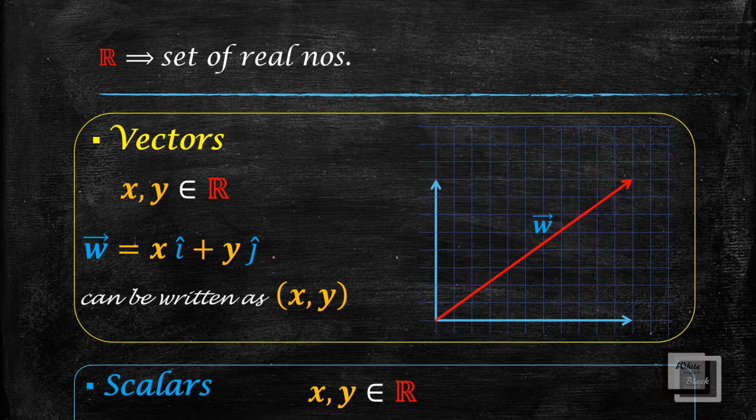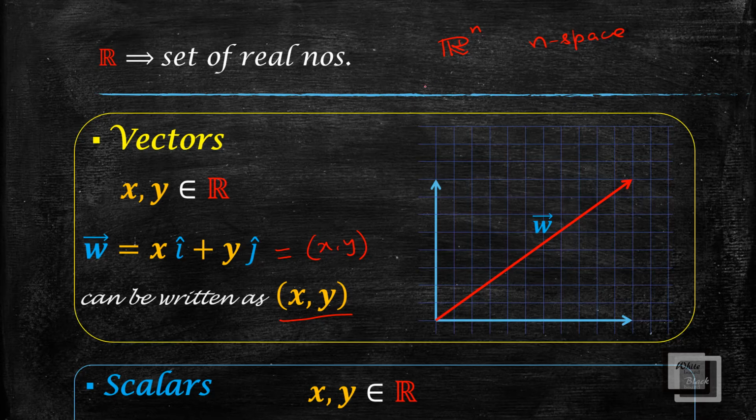Mathematically, we represent this vector as (x, y) and write it like this. So here the vector w equals (x, y), containing two tuples. Similarly, the set of n-tuples of real numbers is denoted by R^n and is called n-space.